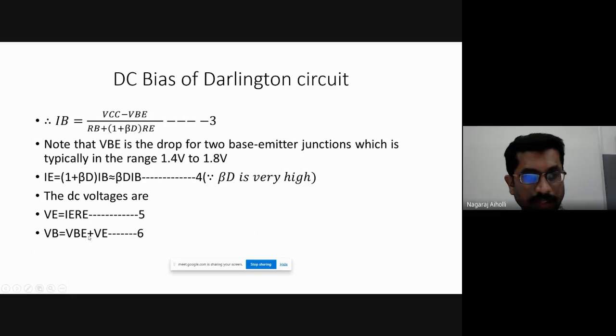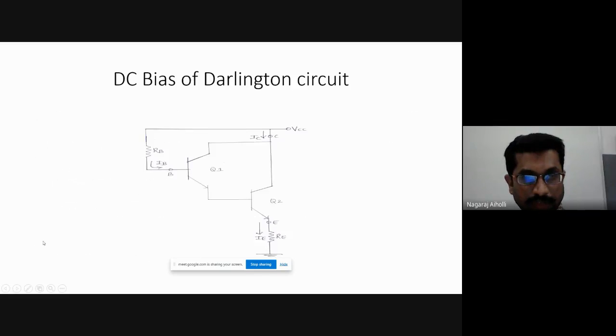And what is VB? Base voltage. What is meant by base voltage? Base voltage means from the base terminal to ground terminal. How much is the voltage? It is the sum of VBE and IERE.